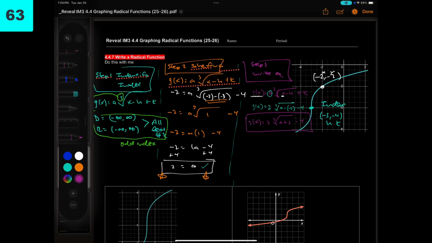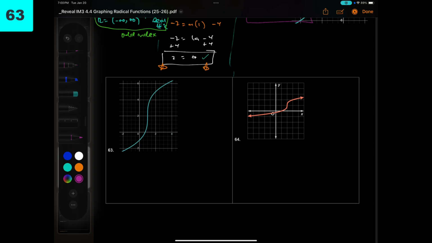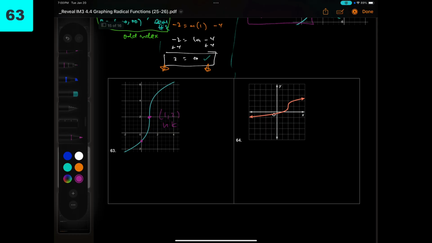Let's try this next example, number 63. So I have this point here. Looks like I have 1, 2. This is my h, k. And now you can pick any point you want where it crosses the graph. Okay, so let's try 0, -1 as my x and my y.